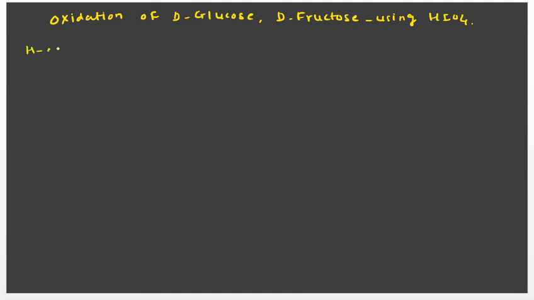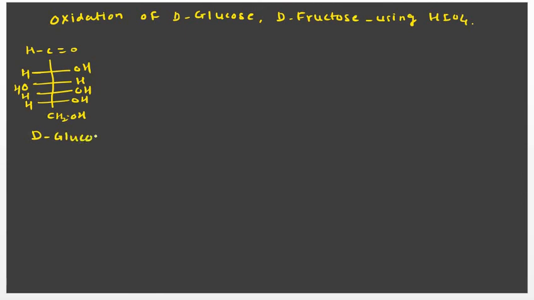So HC double bond O, CH2OH, in between, you know, there are 4 carbons, so OH, OH, H, OH, H, OH, H and H. So this is the structure of D-glucose, open chain structure. Now as I said earlier, this HIO4 oxidizes the vicinal diols.